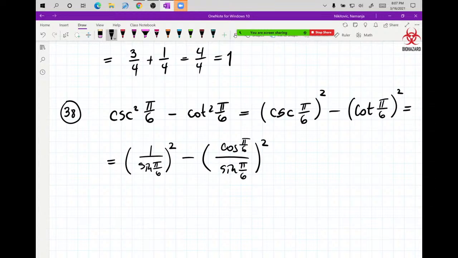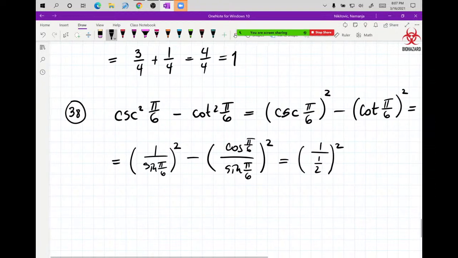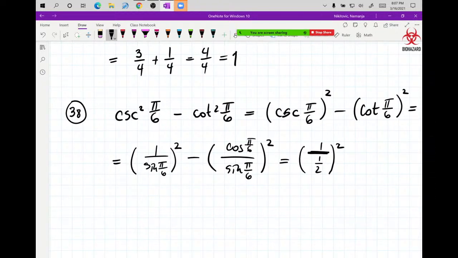As you can see, I am able to bring everything back to sines and cosines. So on the first one, I have 1 divided by 1/2. That's the main division line. And then minus, on the other one, cosine of pi over 6 is root 3 over 2 on top, and the bottom is 1/2. And that needs to be squared.